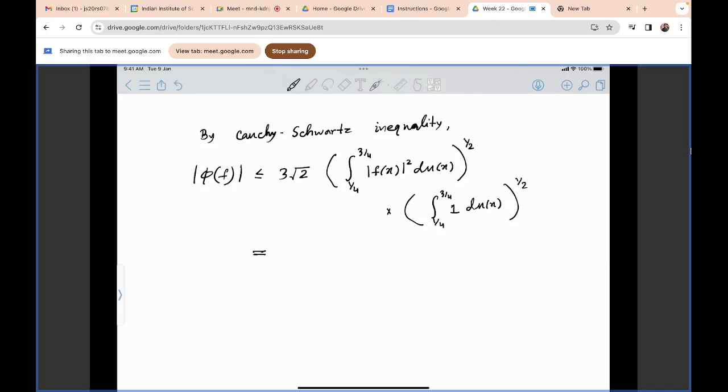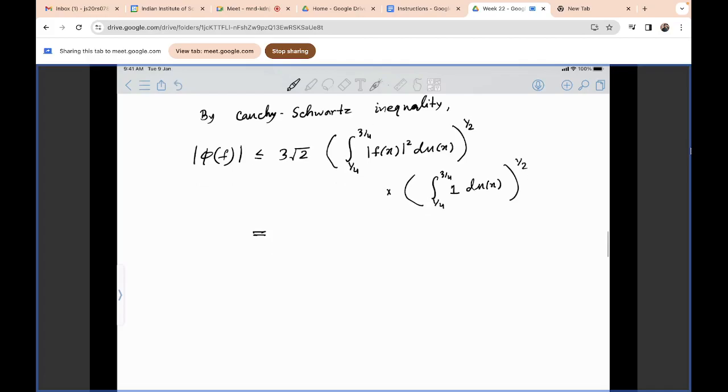So note that this is the right hand side. If you calculate the integral of 1 from 1/4 to 3/4, what will you get? 1 by root 2, I think.